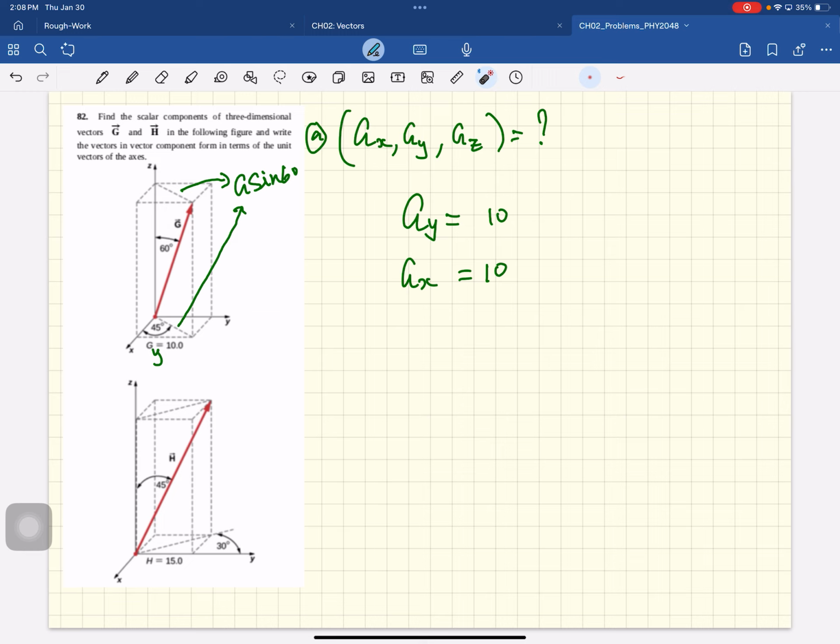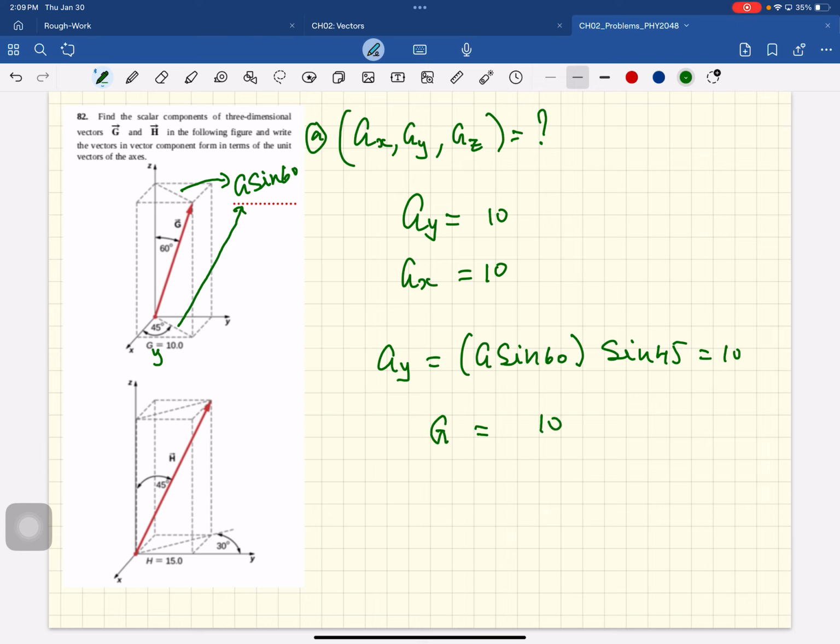This times sine 45 is 10. So gy is equal to g sine 60 sine 45, equal to 10. So that gives you the magnitude of the vector g, which is 10 divided by sine 60 times sine 45.